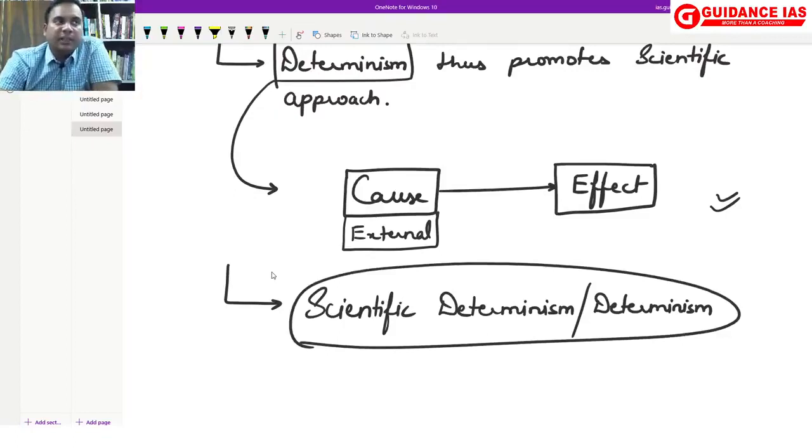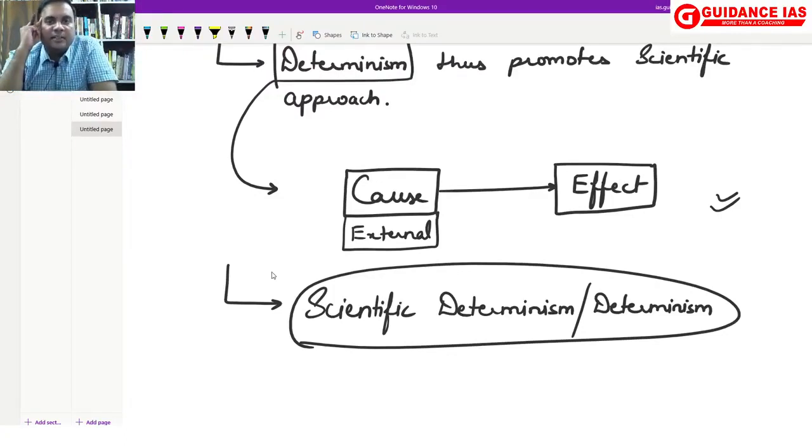And why am I using here scientific determinism? Because here I am differentiating it from the determinism which was before Renaissance. Determinism before Renaissance was religion, and it was not based upon a cause-effect relationship. But determinism which developed after the Renaissance period was essentially scientific in nature. So whenever we refer to the word determinism, tell me, what is the picture that should come to your mind?